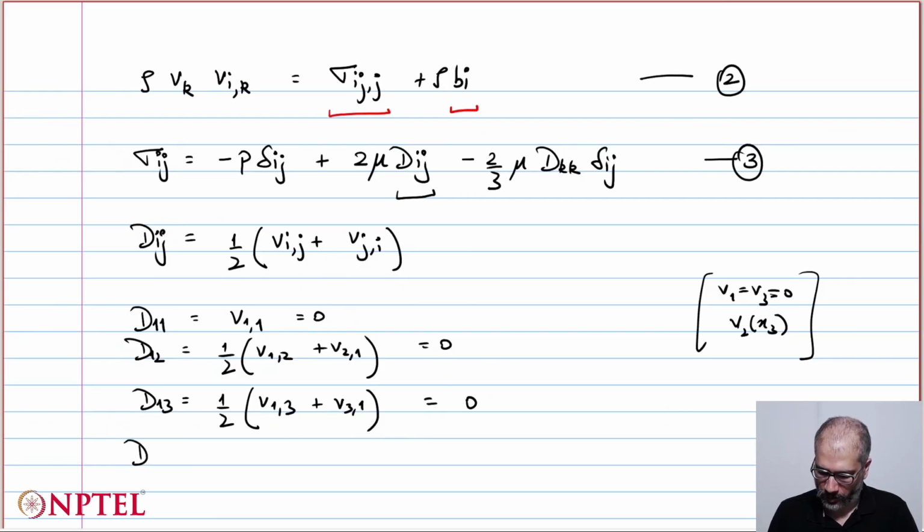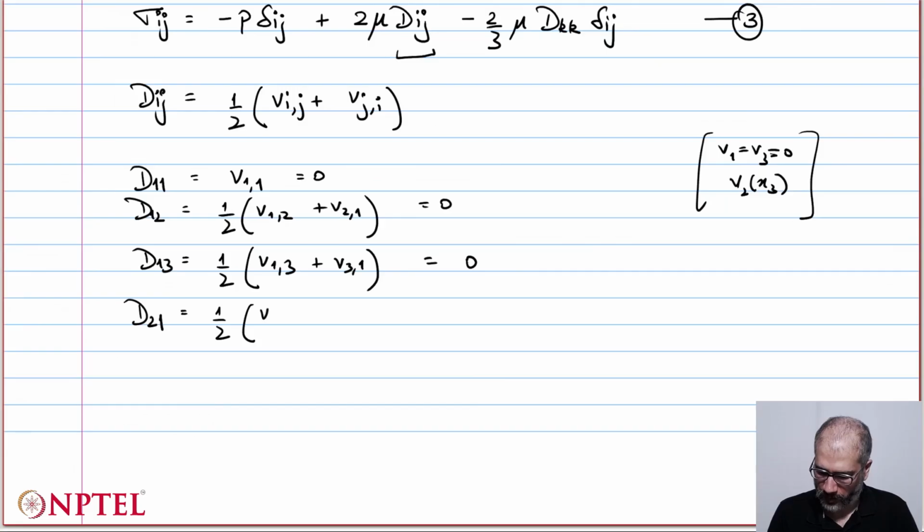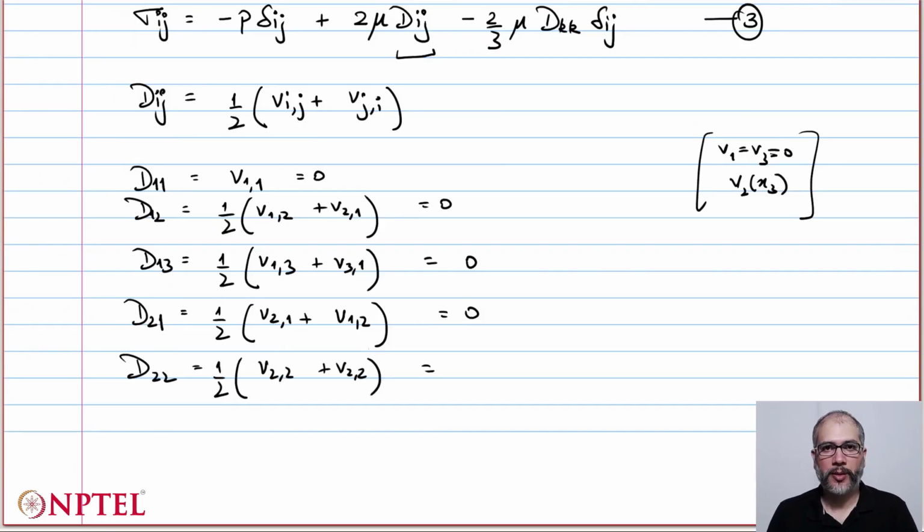So moving to the next row of D, then we have D21, which is half v2 comma 1 plus v1 comma 2. Now v1 comma 2 is a 0 because v1 is 0, and v2 comma 1 is a 0 because v2 is purely a function of x3. So this again is a 0. Next we have D22. Now v2 comma 2 is a 0 because v2 is purely a function of x3.